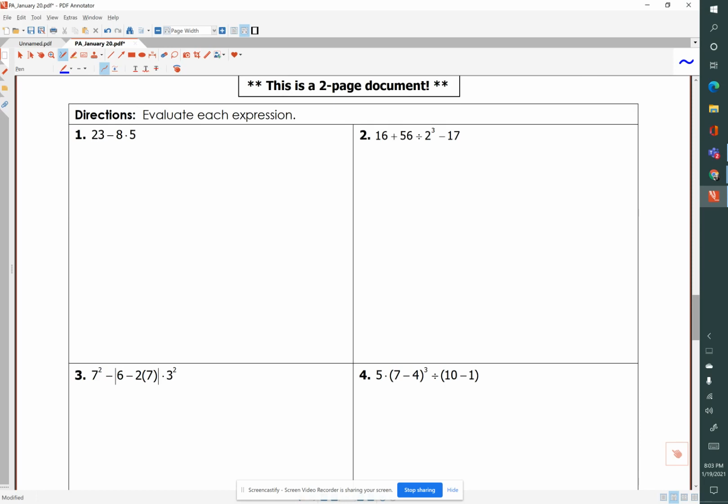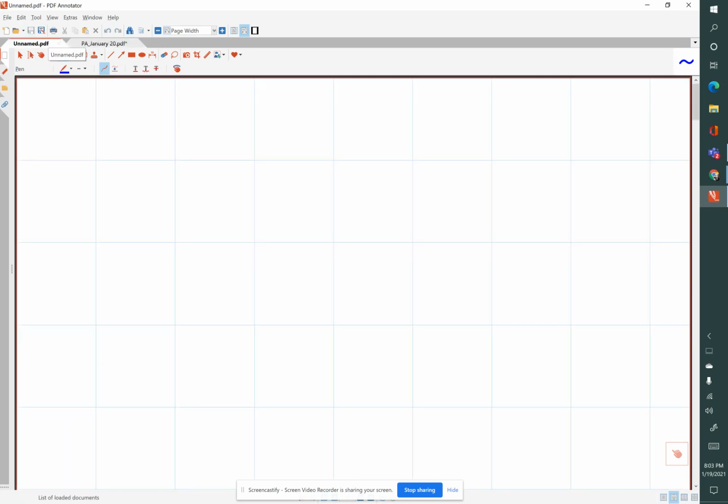So we only have subtraction and multiplication. Well, addition and subtraction are worked from left to right. Multiplication and division are worked from left to right. Let's actually review for a minute before we even get into this problem, the order of operations.